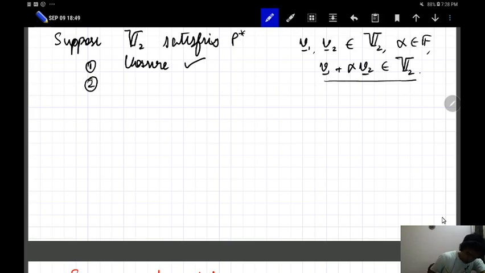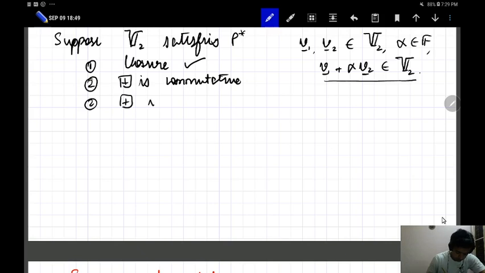You need to make sure that plus is commutative, but that is a property that you get anyway from the vector space V1. So V2 is a subset of V1, and the properties of vector addition are inherited from V1, and therefore commutativity is satisfied. So is associativity.